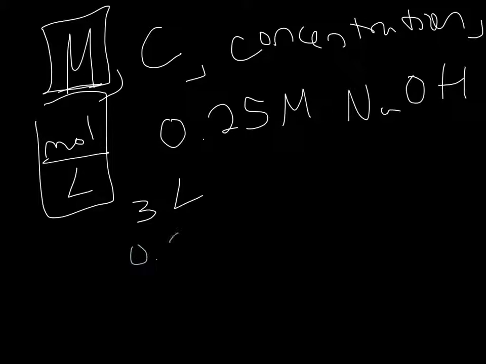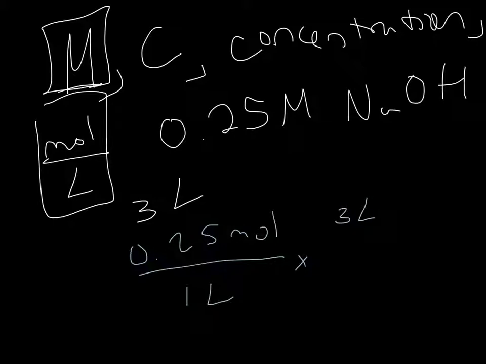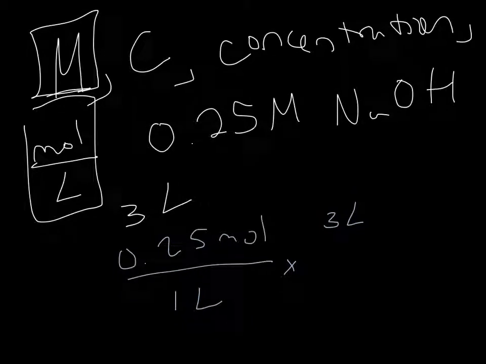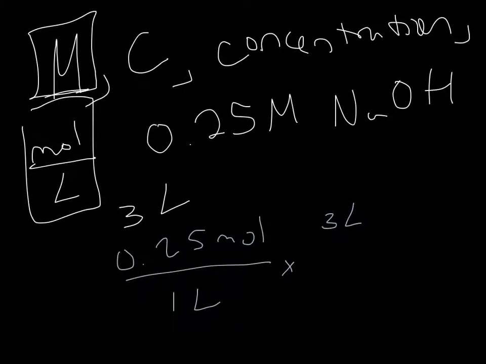You just set it up: 0.25 moles over 1 liter times 3 liters, which equals 0.75 moles. So you would say you have 0.75 moles of sodium hydroxide.